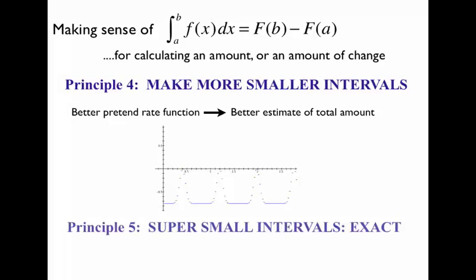Thank you. I don't endorse any products, okay? So, principle 5: super small intervals means essentially exact, and so then our sum of k delta x, we use this notation to mean the same thing when the intervals are super small. Sum of f of x dx.